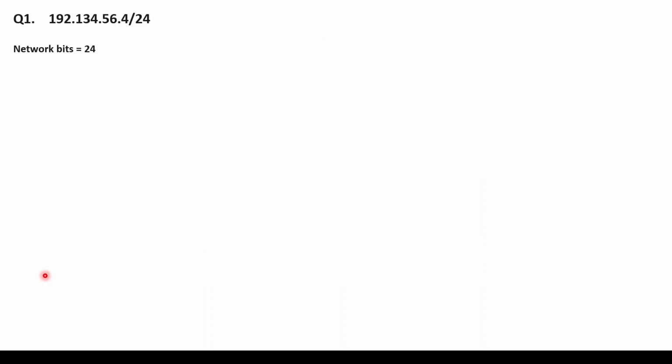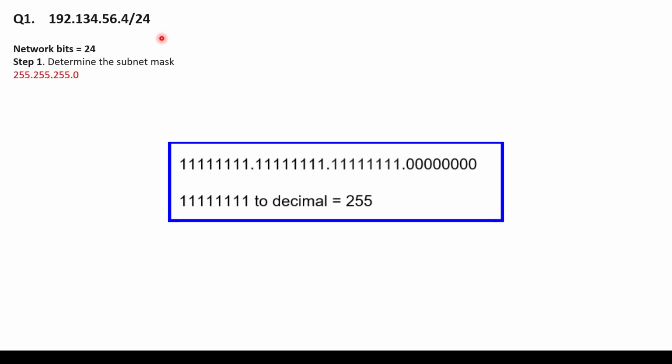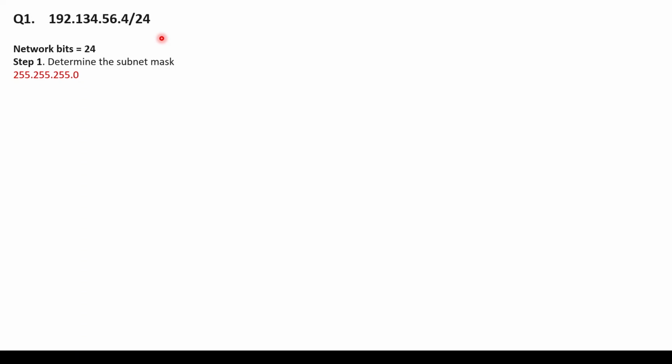Okay, the first exercise we have here is 192.134.56.4 in a /24 network. Already we know that the network bits are 24. So the first step is to determine the subnet mask, which is going to be 255.255.255.0 from the illustrations that I've already explained.